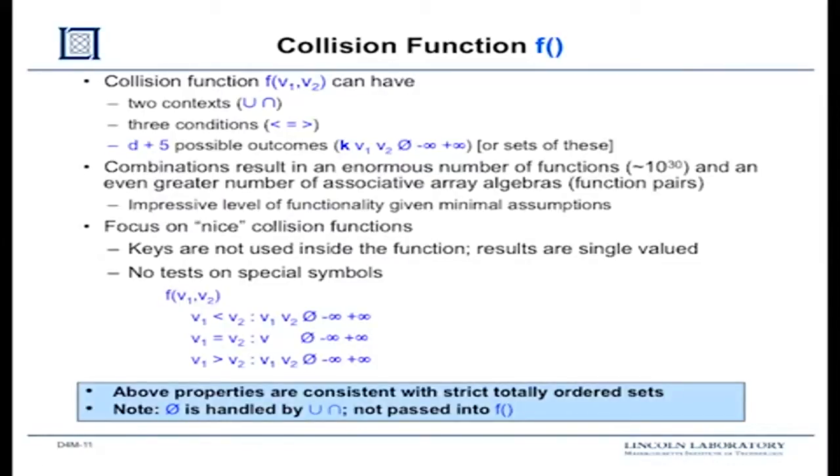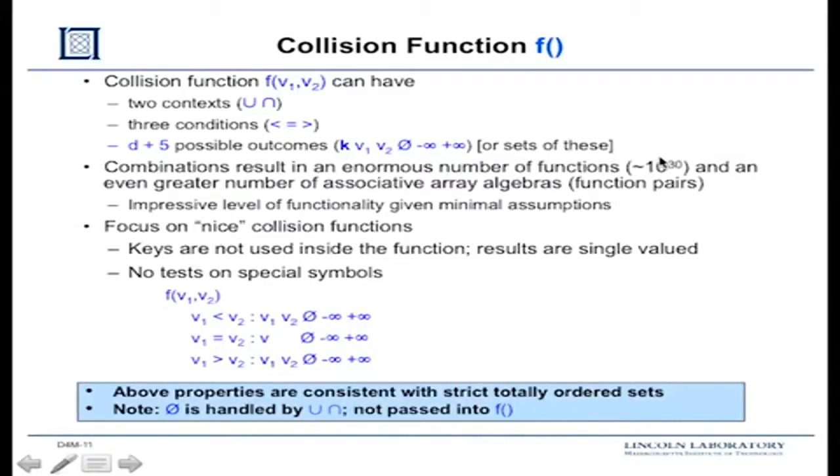If we stay in this restricted setting, a very limited number of things can happen when you apply a collision function where there's an intersection. However, the total number of combinations of these functions, the function pairs, gives a very large number of possible algebras.